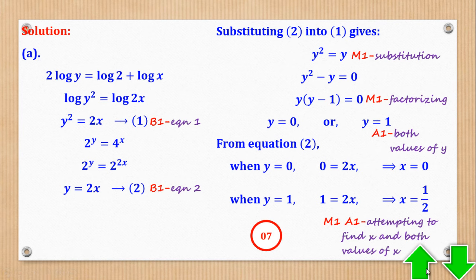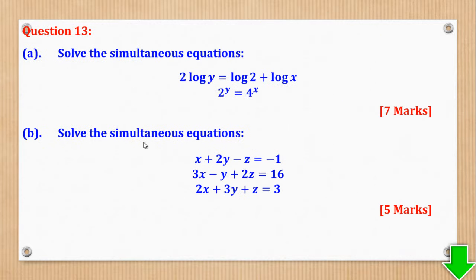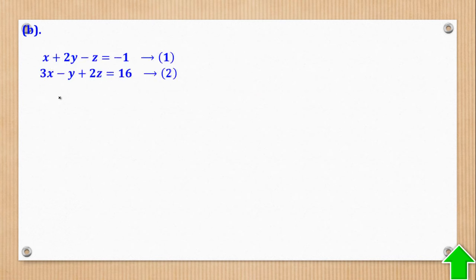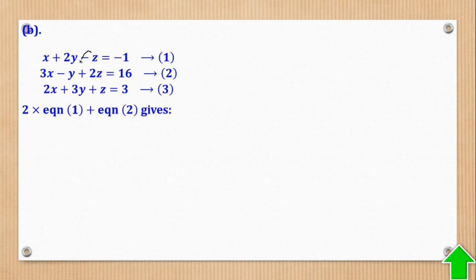Then for part B, solve the simultaneous equations. So we shall come and first label them, then we look for what to eliminate. I've chosen to eliminate z.